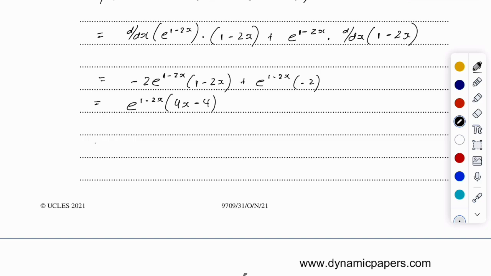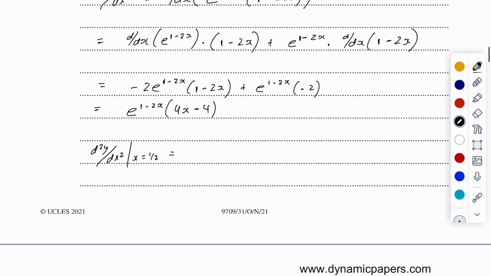And so we've got d squared y over dx squared, plug in a point at x equals a half, which is the stationary point. What we get is e to the 1 minus 2 times a half, times 4 times a half minus 4, okay, which equals minus 2. Minus 2 is smaller than 0, so therefore we can say the point is a minimum.